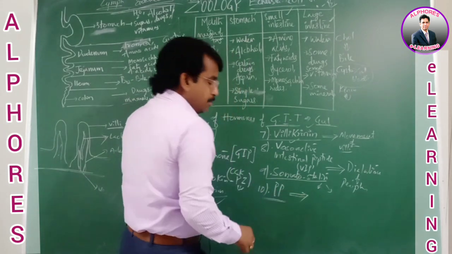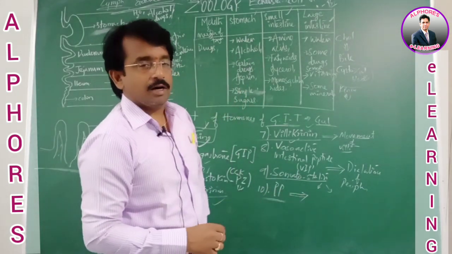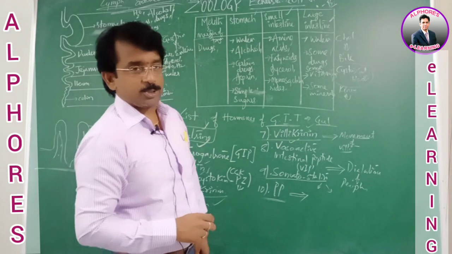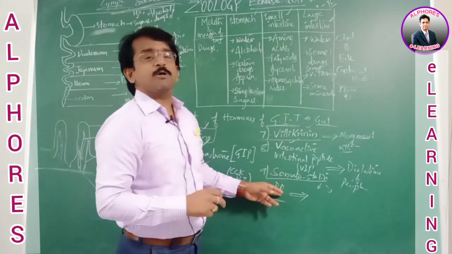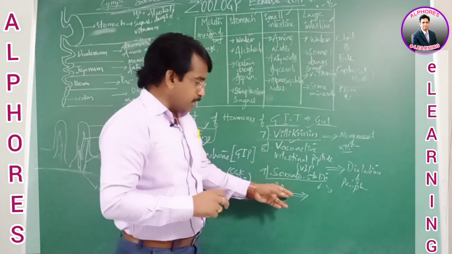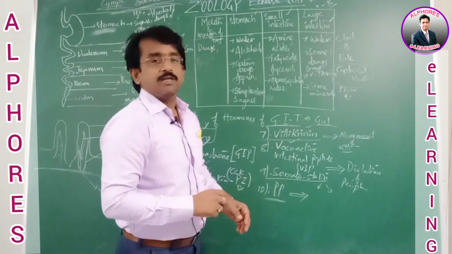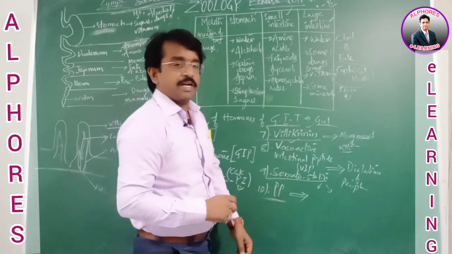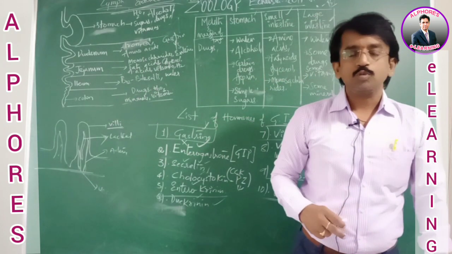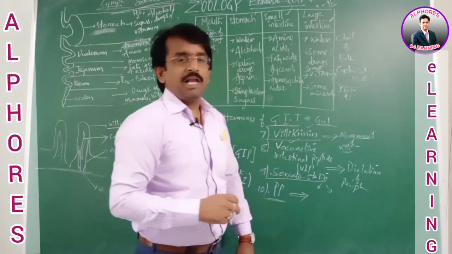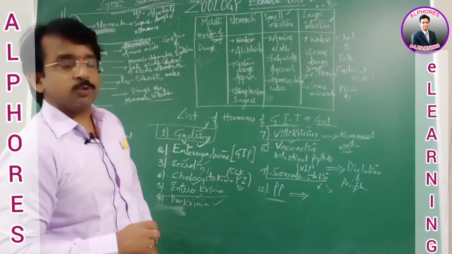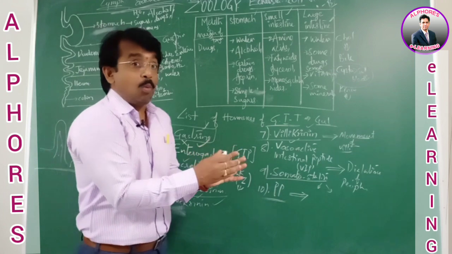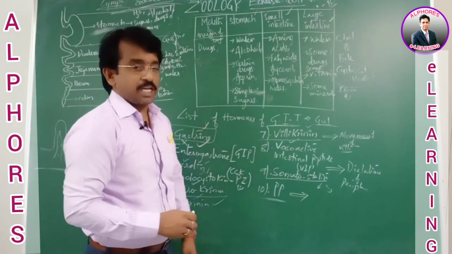Pancreatic polypeptide: the F cells of the pancreas secrete the pancreatic polypeptide hormone, which inhibits the pancreatic juice secretion. So this is how a balance takes place.